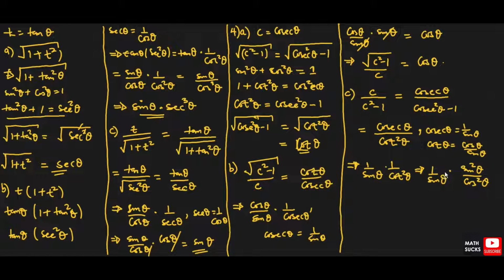And so you can realize that one sine is going to go with one sine there, and then we come up with sine theta over cos squared of theta, which can be further written as sine of theta times sec squared of theta, because 1 over cos squared is sec squared theta. And so we can therefore say that c over c squared minus 1 is sine theta sec squared of theta in the most simplified form.